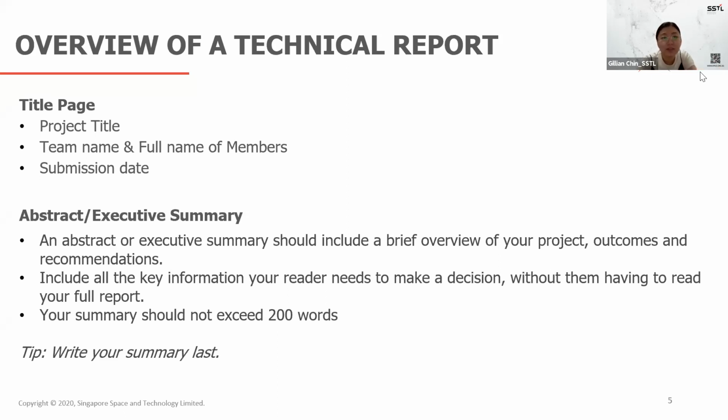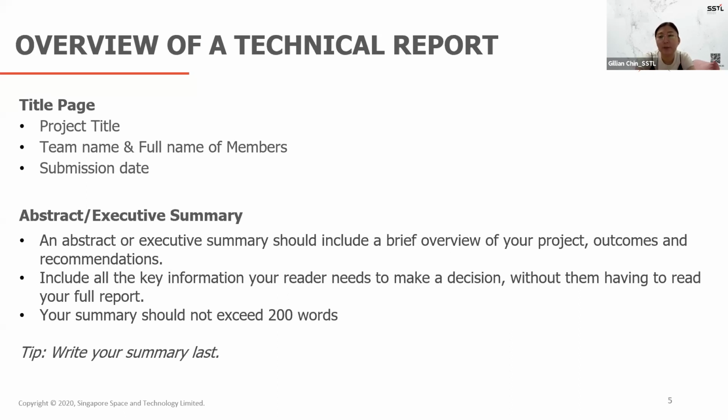So include all the key information that your readers need to make a decision without them having to read your full report. This is very important, because your executive summary or abstract serves as a hook for the judges or experts to read your paper. They should be able to read your executive summary and be intrigued by what you have found, and then it would motivate them to continue reading your paper.